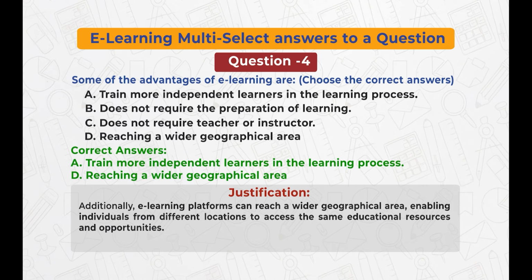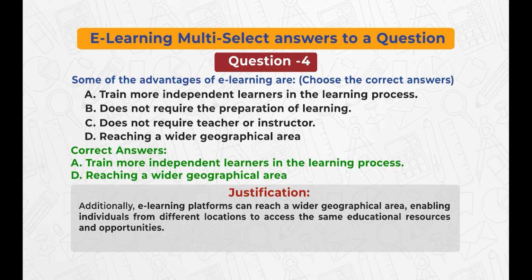There are 4 options given here. The correct answers are A and D. A, to train more independent learners in the learning process, and the other answer is reaching a wider geographical area. The justification explains why e-learning allows for training more independent learners in the learning process.